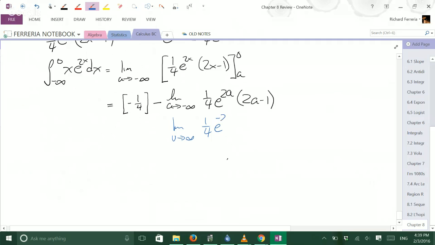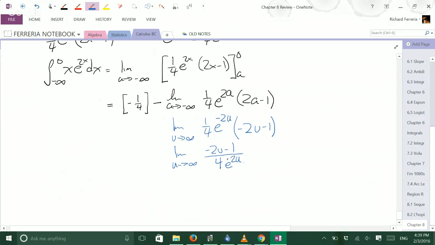Wouldn't that have to change to negative 2u? Mhm. Wouldn't this have to change to negative 2u minus 1? Let's put that together. Limit as u approaches infinity, that is (negative 2u minus 1) over 4 e to the 2u.